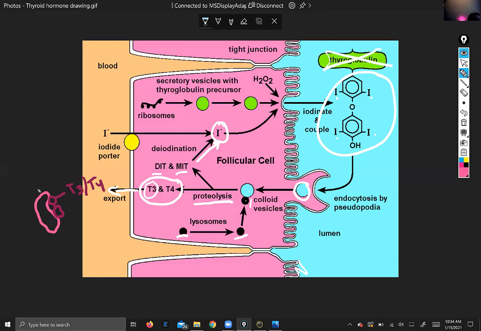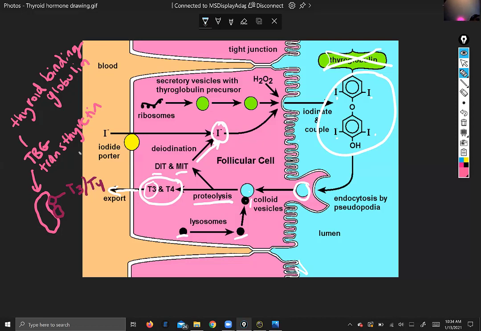And the carrier protein could be TBG, which stands for thyroid binding globulin, or transthyretin, or even just albumin.